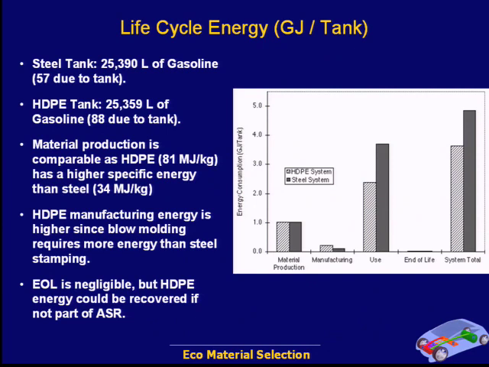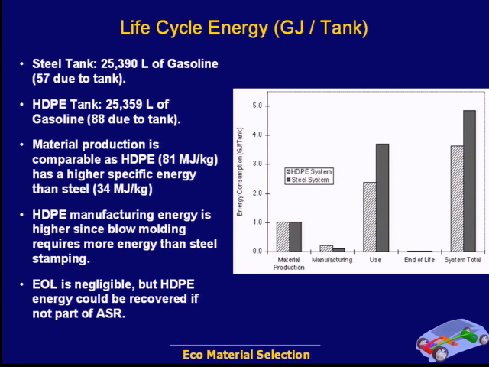If we use the high-density polyethylene tank, we use less gas. Right? And the 57 and the 88 are reversed here. So the steel tank uses 31 liters more of gasoline than the high-density polyethylene. Okay, typo there.